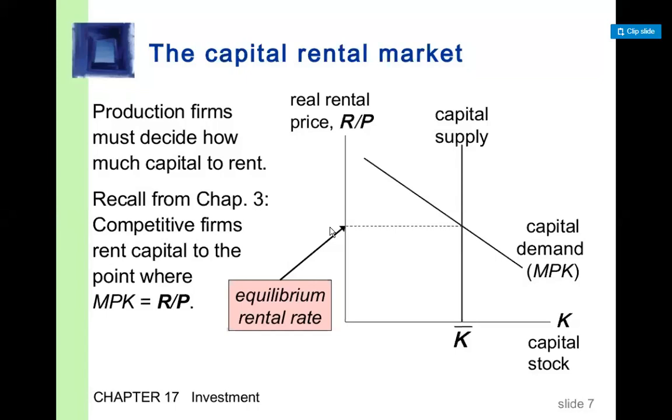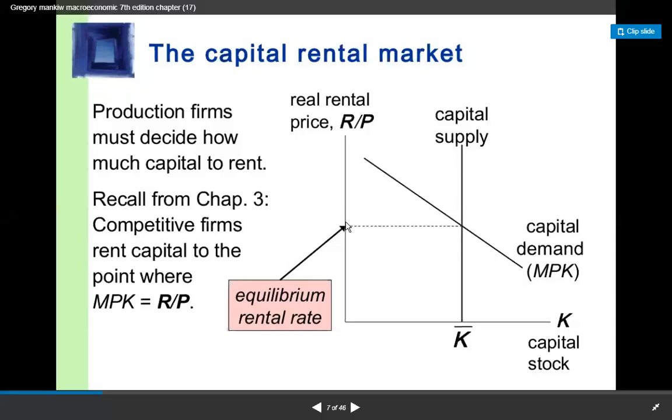So this is the equilibrium point of rented capital. This amount of capital will be supplied from the rental firms, and this amount of capital will be demanded by the production firms.